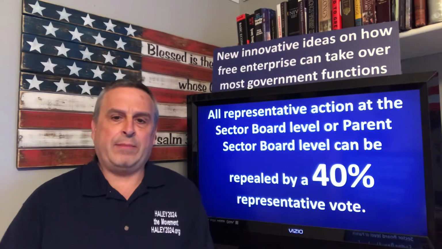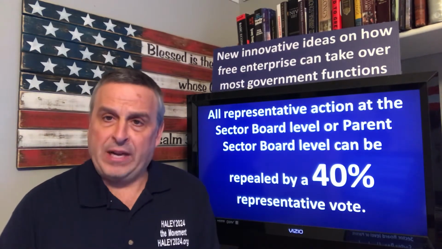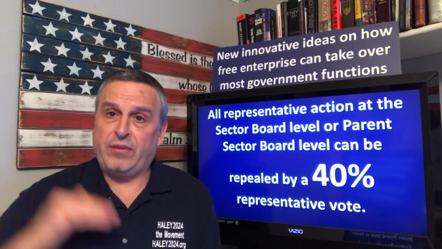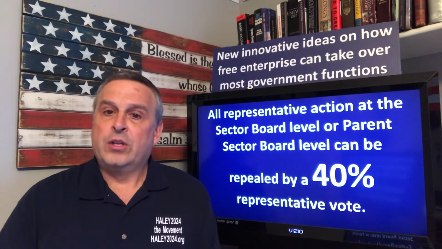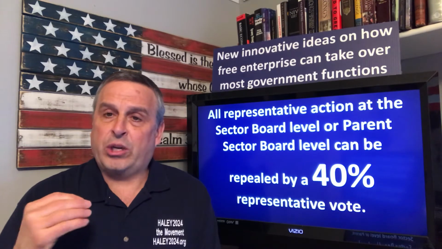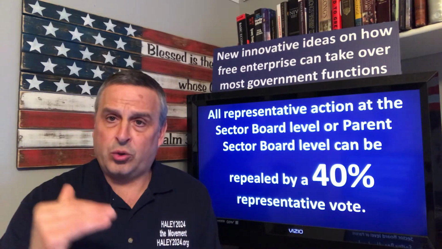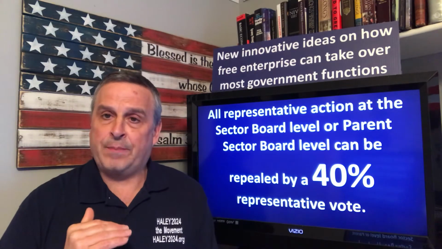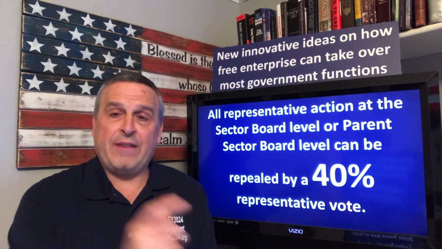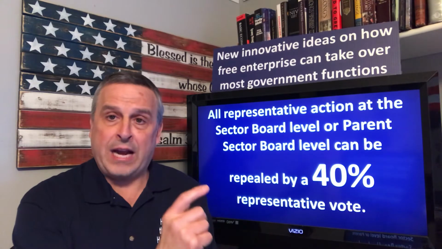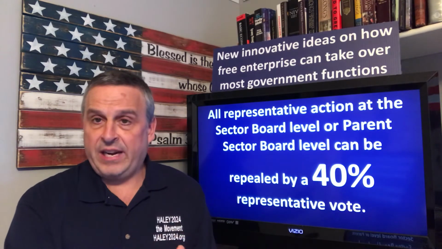We're going to run out of time on this one. 40% can repeal any monopoly regulation at the sector board level. So you see that this is going to create a much smaller government at the regulatory monopoly governance level. Now you can have as much governance as you want at your chosen CRA.